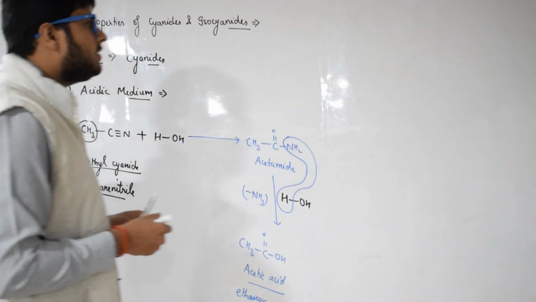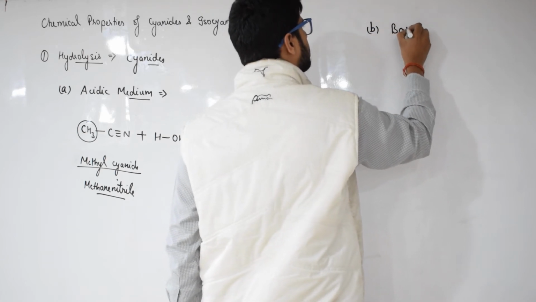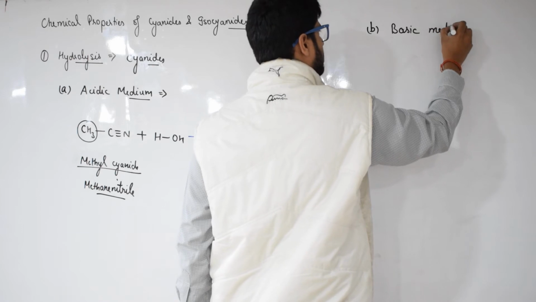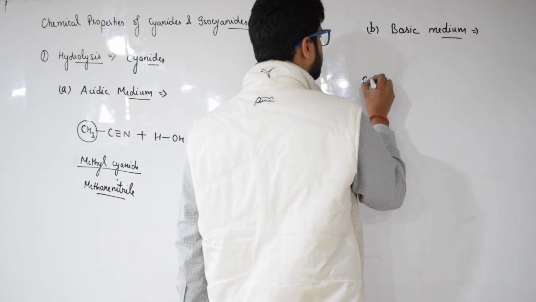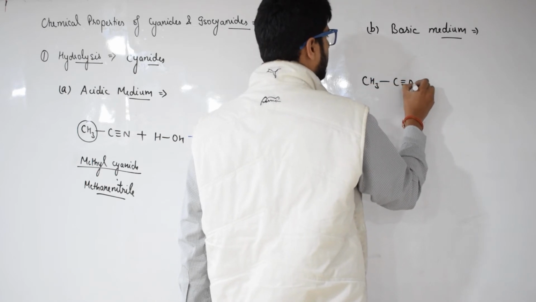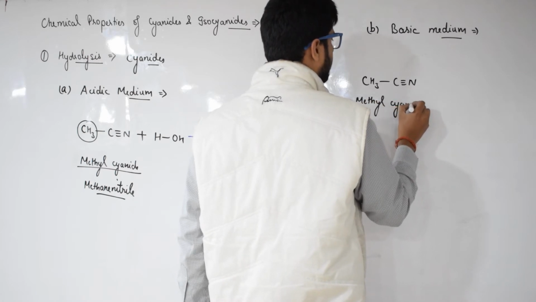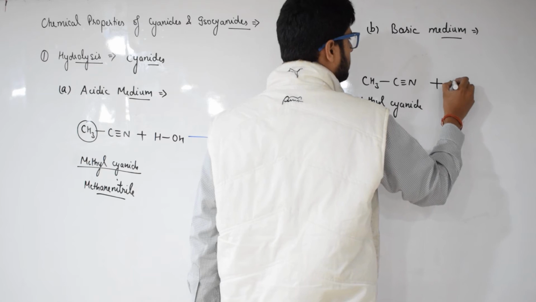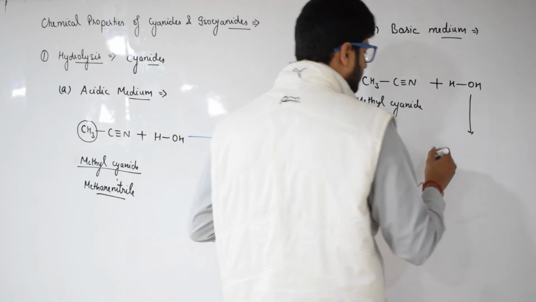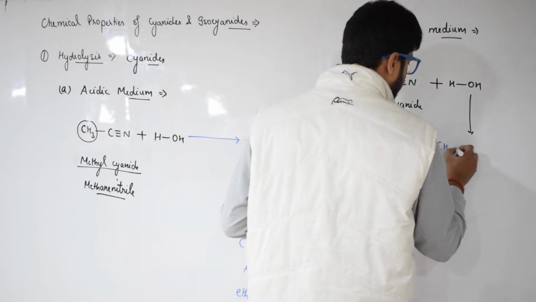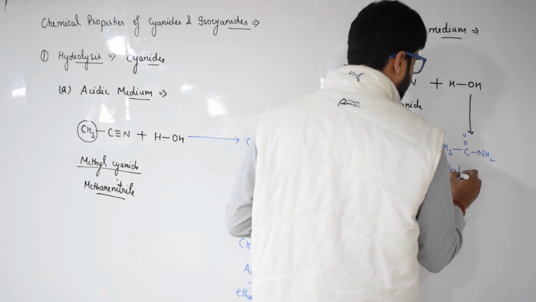Let us see the case of basic medium. Hydrolysis of cyanides in basic medium. What happens in this case? Let us take the same compound, CH3CN, methyl cyanide. When it is hydrolyzed, what happens? It leads to the formation of CH3C double bond O NH2. This is acetamide.